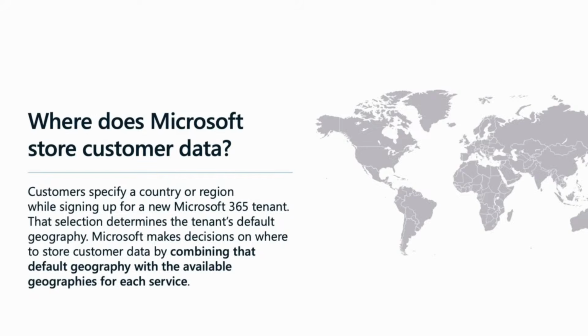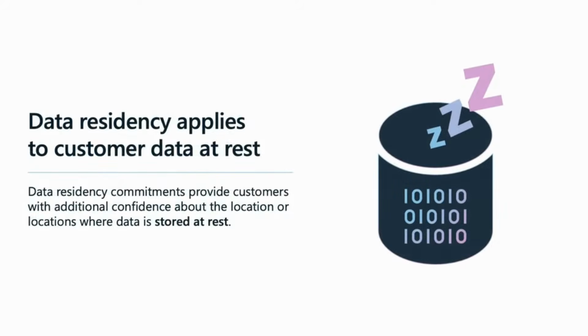Exchange and Teams are both available globally, and Microsoft has data centers in Japan, so the data from those services will be provisioned into the Japanese geo by default. Forms, however, has not been deployed in the Japanese geo, so the data from that service is stored in the Americas region. Data residency is a type of commitment we make on top of those defaults, and it applies specifically to the location of the data at rest.